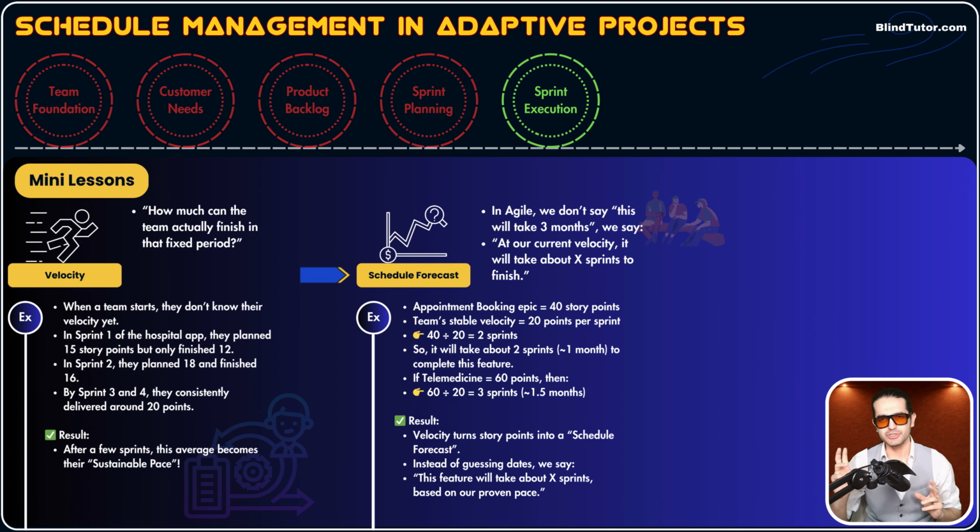We talked about it briefly in the previous part, but let's elaborate with an example, guys. Let's say we have an epic, not user story, an epic called appointment booking epic. And that appointment booking epic has 40 story points. So the effort needed to complete that epic is 40 story points, okay?